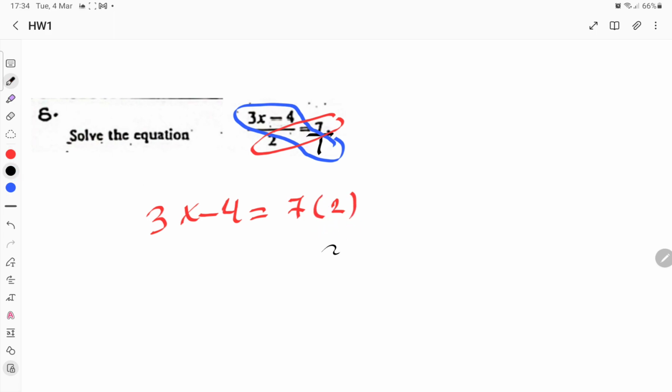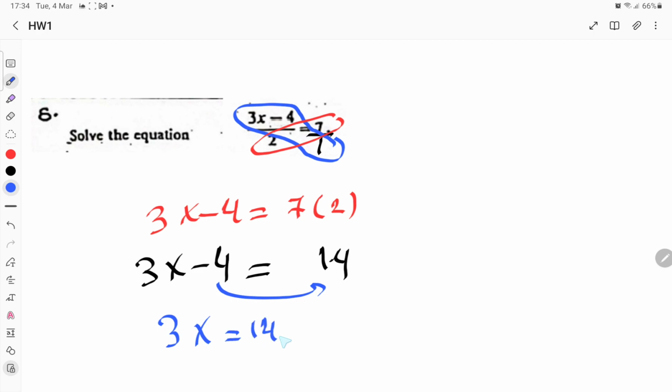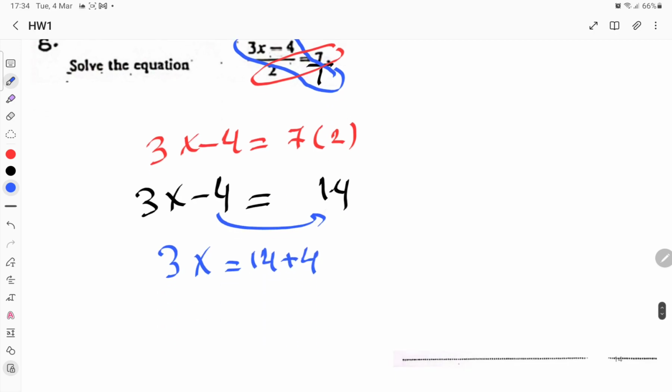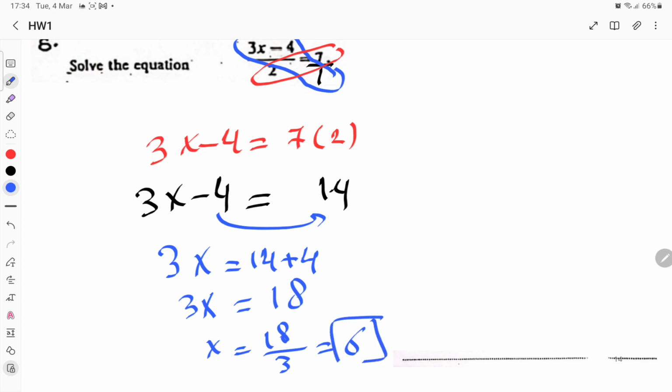So 7 times 2, 14, equal 3x minus 4. The negative 4 moves the other side with a plus, so 3x equal 14 plus 4, so 18. 3x equal 18, x equal 18 divided by 3, which is 6.